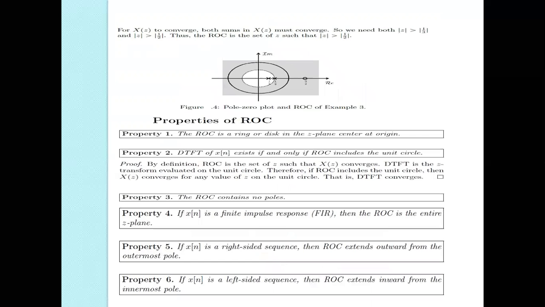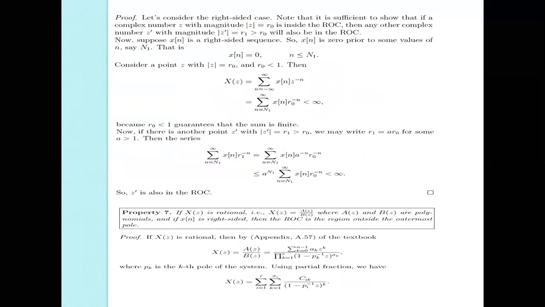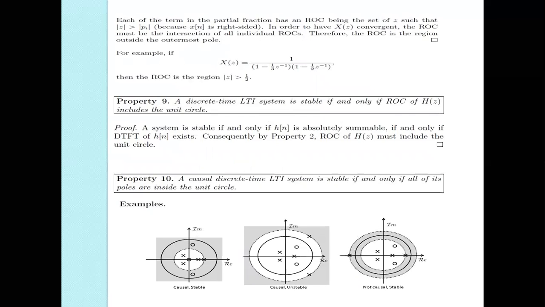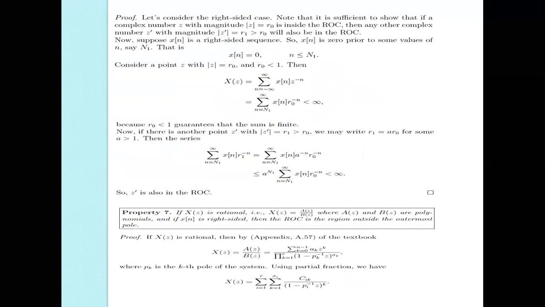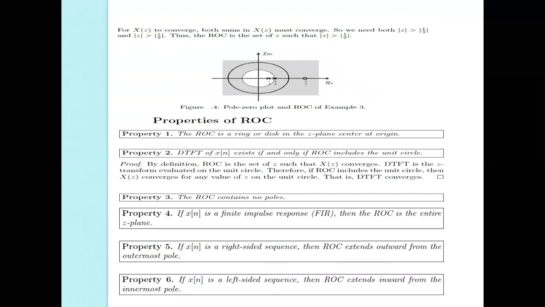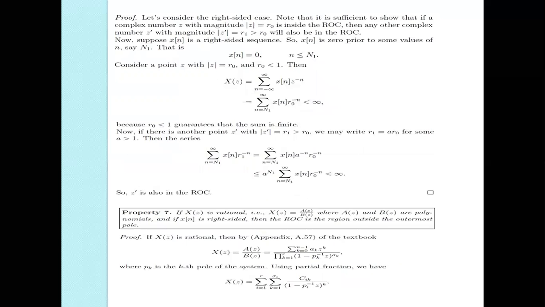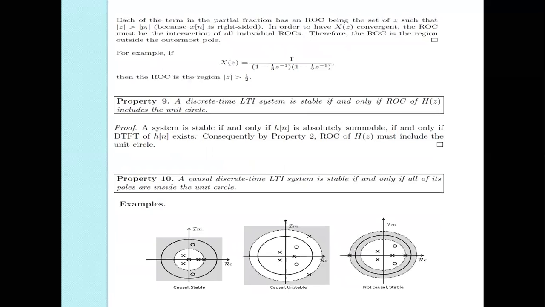And the third example shows that the ROC can take the outermost pole because the overlapping occurs for innermost and outermost, which is an overlapping area. And 10 properties, related to the region of convergence. No need of the proofs, my dear students. Here you can learn only what the ROCs are, property 1 to property 10.